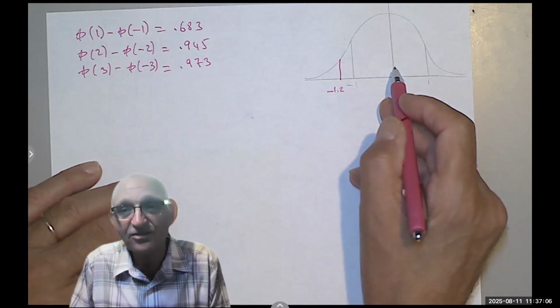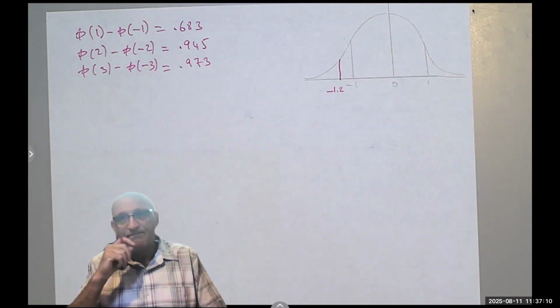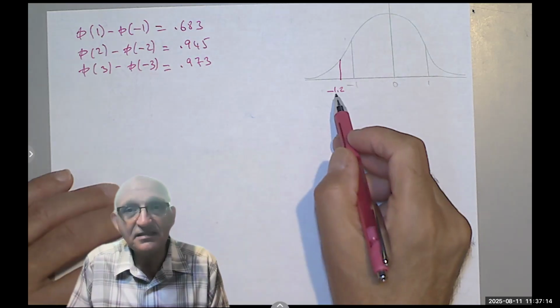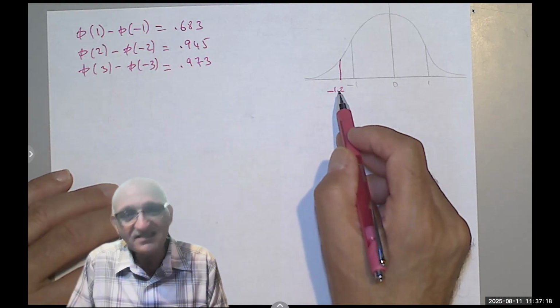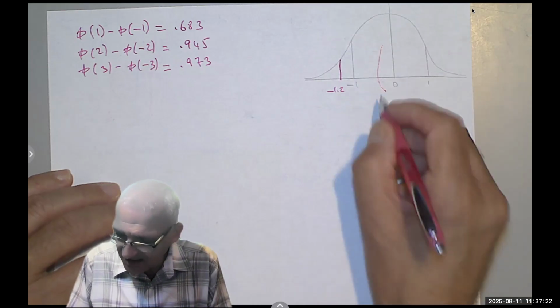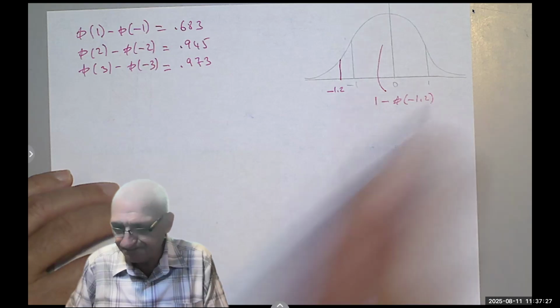So it's to the right of that. How do I calculate it? Do you see I can take the cumulative of negative 1.2 and then subtract it from 1. So this area right here is 1 minus the cumulative of negative 1.2.